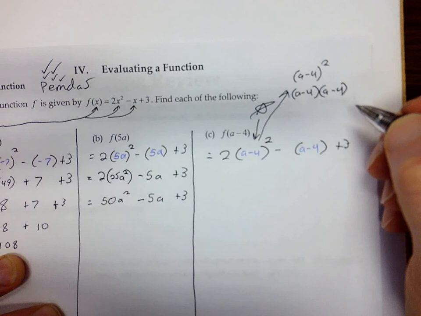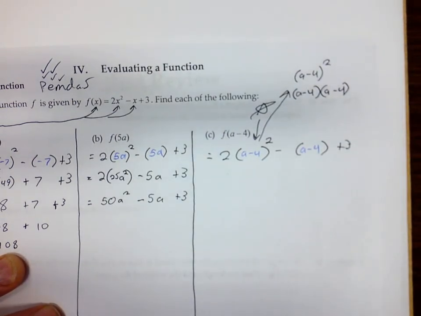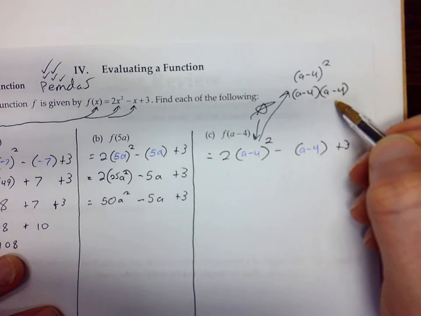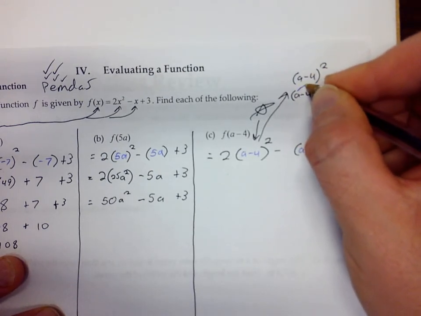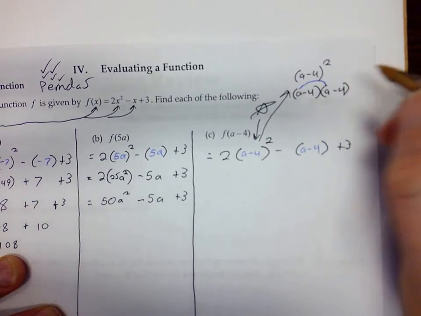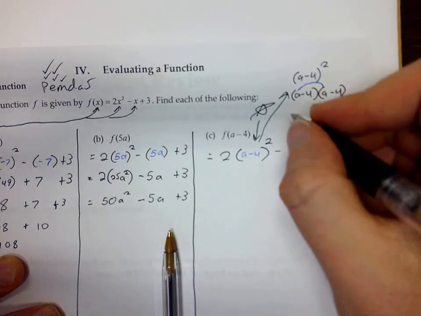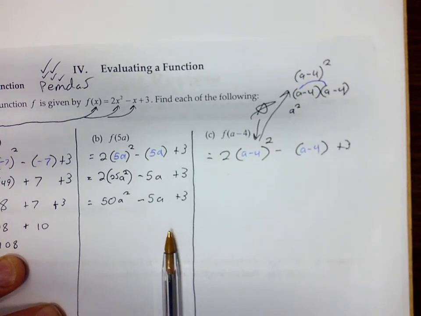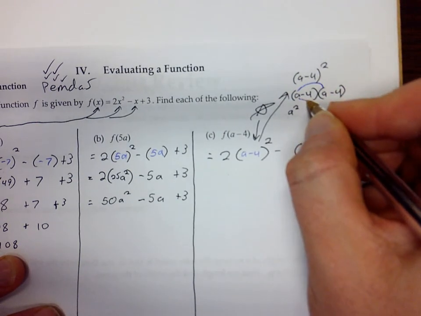Now hopefully seeing it written like this helps you see our next step. When we've got 2 binomials multiplied together, we want to FOIL this, meaning we multiply the first terms together. A times A gives me a squared. And then I want to multiply my outer terms together.